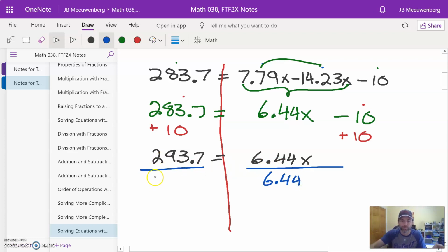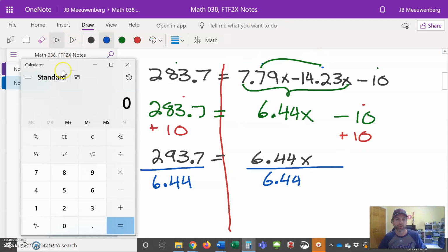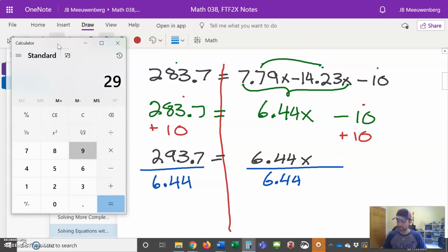So 6.44. This one actually doesn't turn out very nice, but that's okay. We're going to talk about how we deal with that. So let me pull up my calculator and I'll show you. What we have to do is divide 293.7 divided by 6.44. Let's see what we get.